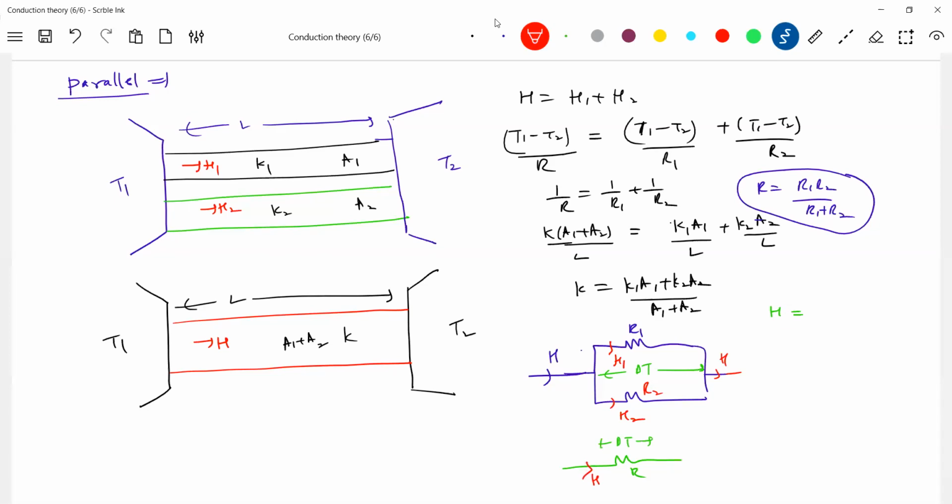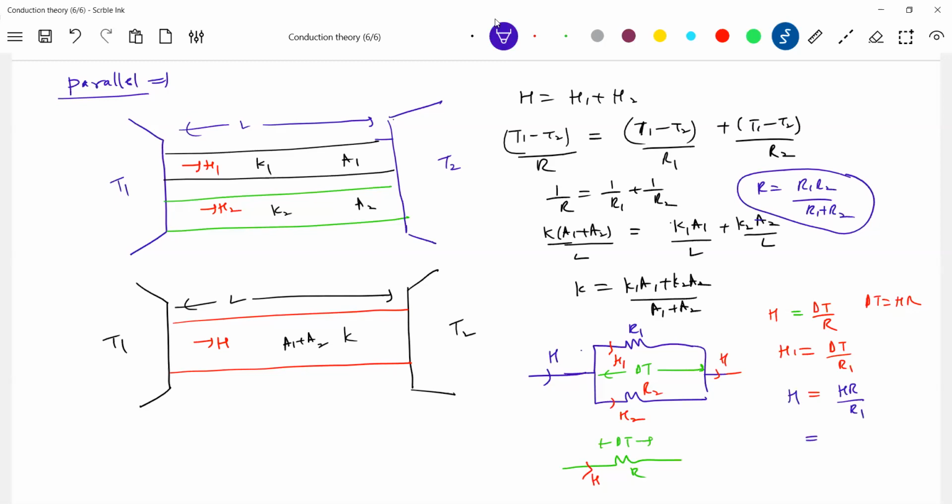H is equal to delta T by R. H1 is equal to delta T by R1. So delta T, I can write as H into R. Substituting this, delta T is equal to HR by R1.